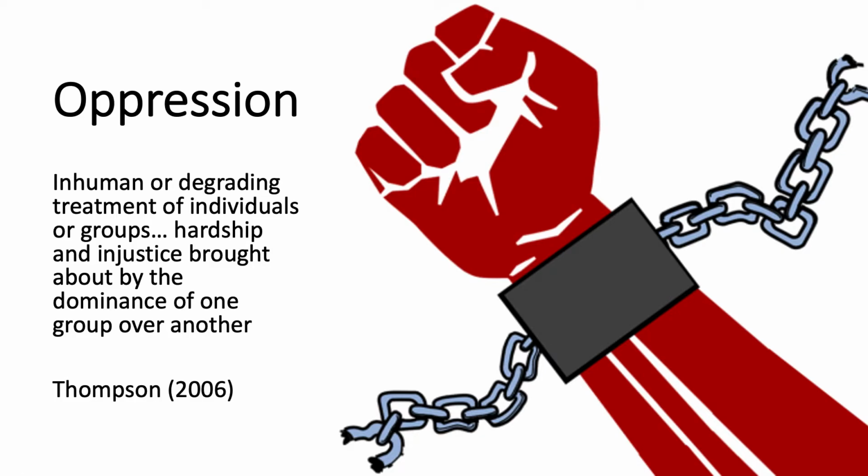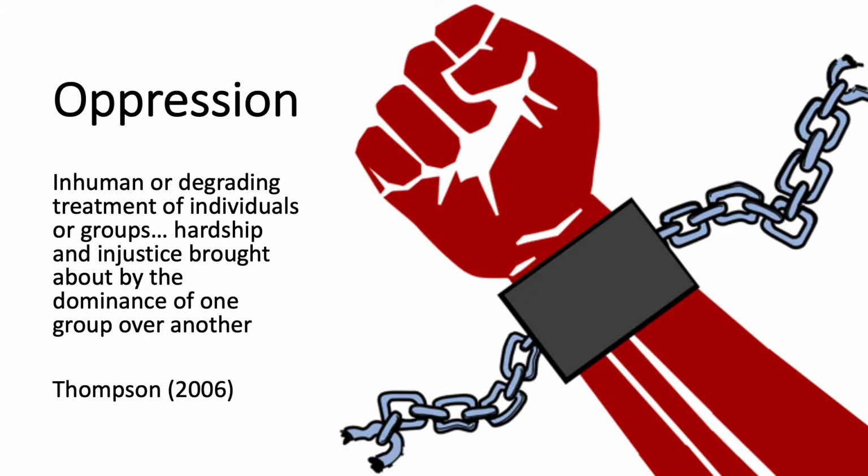Now then, another term I want us to look at is oppression. Now, oppression is something that you will hear a lot, but do you actually know what it means? So oppression is the inhuman or degrading treatment of individuals or groups, and it can be hardship and injustice brought about by the dominance of one group over another.